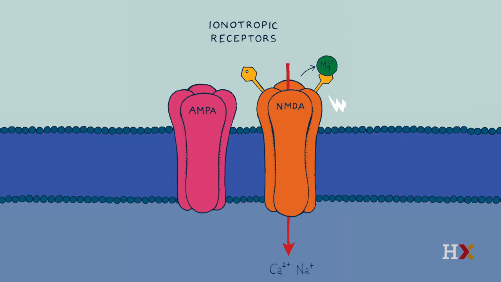The NMDA receptor is a special kind of glutamate receptor. It's named for N-methyl D-aspartate, NMDA, a substance that binds to the NMDA receptor, but not to other kinds of glutamate receptors. NMDA itself isn't a naturally occurring substance, and NMDA receptors didn't evolve to bind to it.